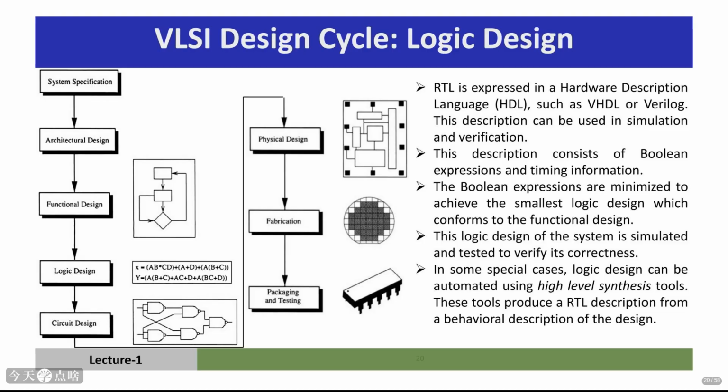A key part of logic design is minimizing these Boolean expressions to get the smallest possible logic circuit that still performs the required function. This minimized logic is then simulated and tested extensively to ensure it's correct. Sometimes, special tools called high-level synthesis can automatically generate RTL code from a higher-level behavioral description, speeding up the process.